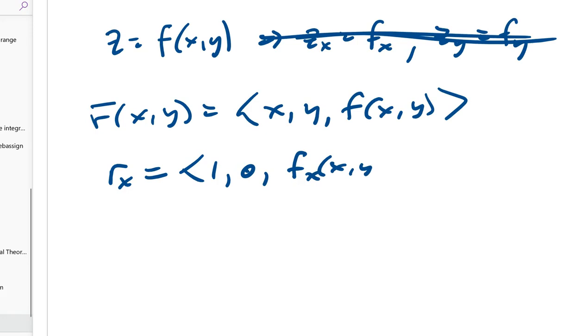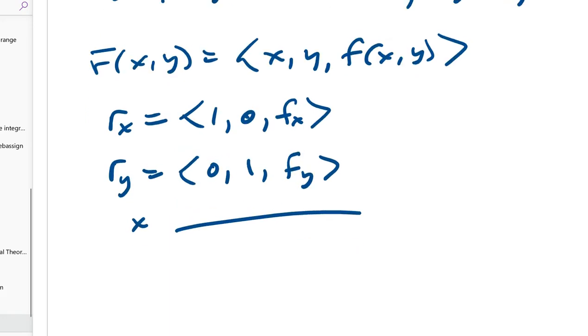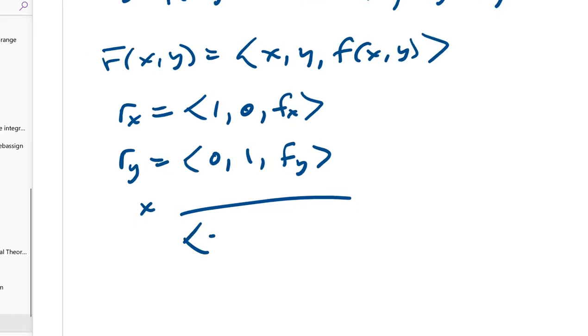And then r sub y would be 0, 1, f sub y. So now when you do the cross product, you get negative f sub x, negative f sub y, and then 1. So this is n.